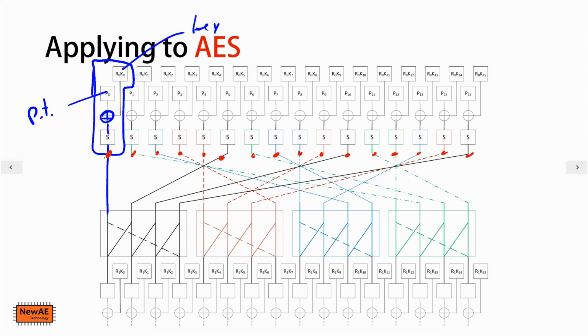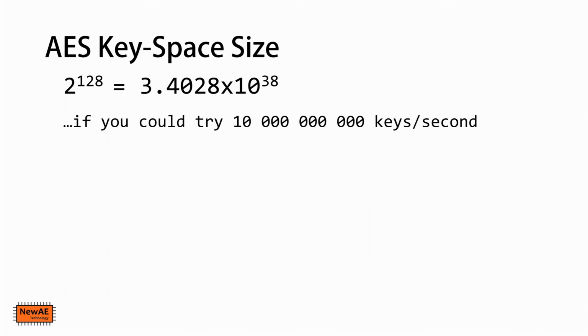And what's really nice is that when we look at how difficult it would be to attack AES, the AES key space size is like 2 to the 128. It's this huge key space. To give you an idea, the number of possible AES keys is this number here, 3.403 times 10 to the power 38.